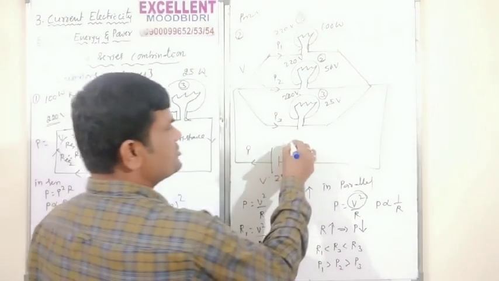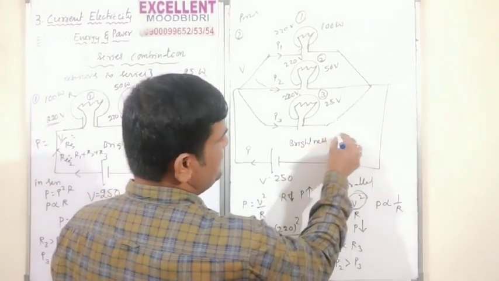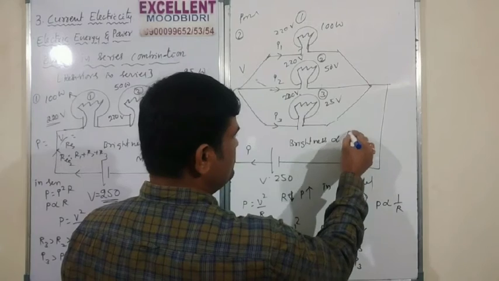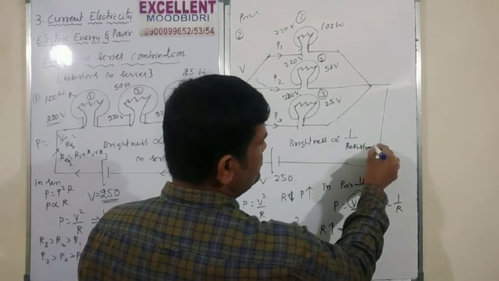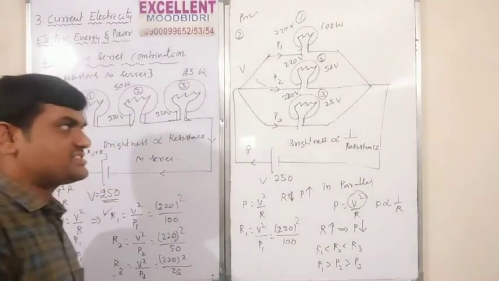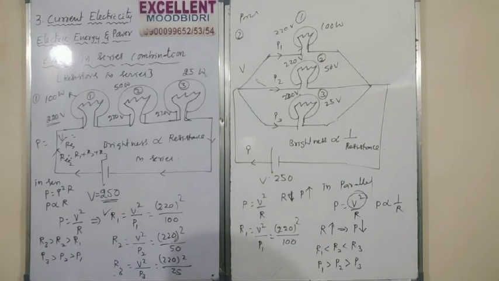So brightness is inversely proportional to the resistance. If the resistance is less, that bulb is having more brightness.